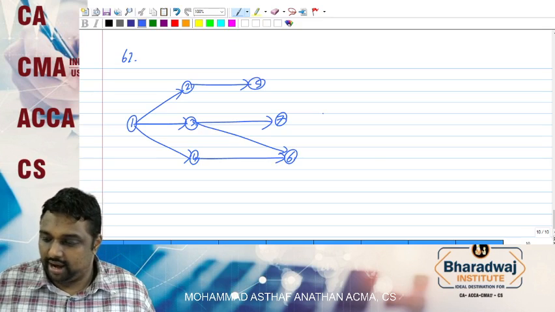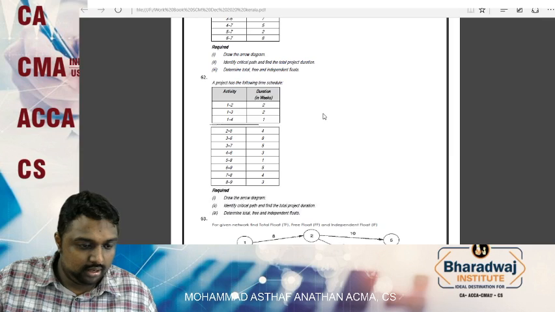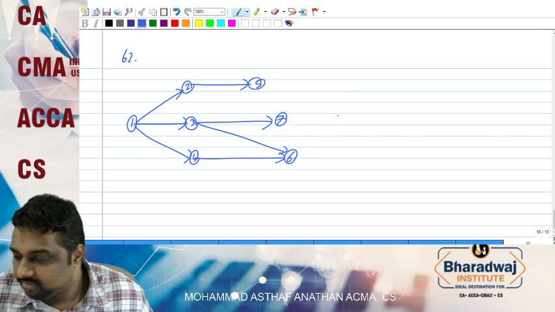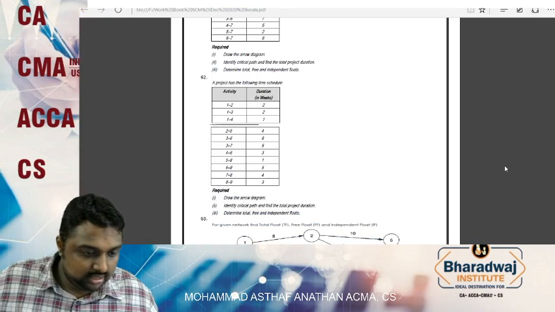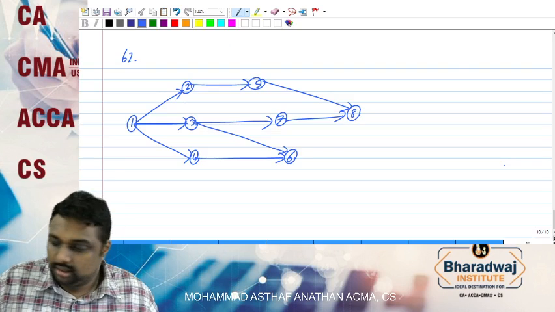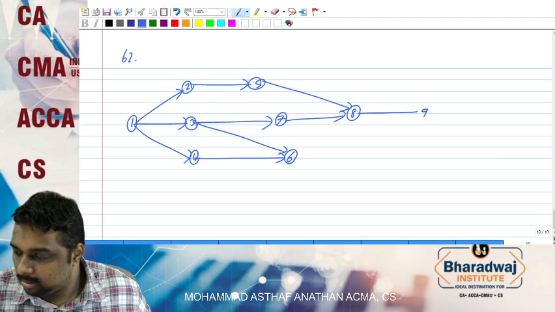So 2 to 5 we have taken, 3 to 6 we have taken, 3 to 7 we have taken. Now 4 to 6 we have taken, 5 to 8, 7 to 8. See how interestingly we are correcting. So 5 to 8, 7 to 8, 6 to 9, 8 to 9. That's all.